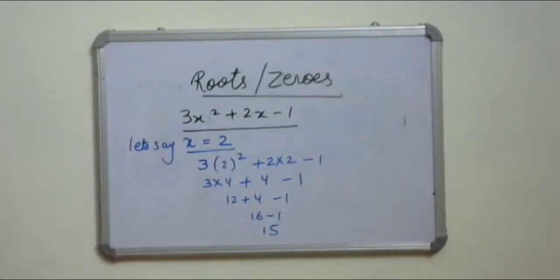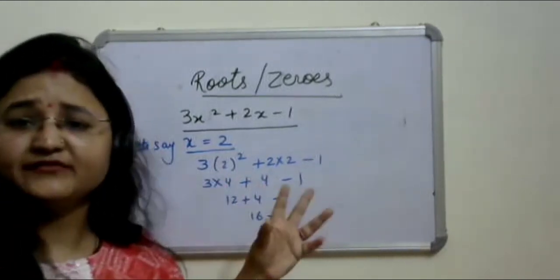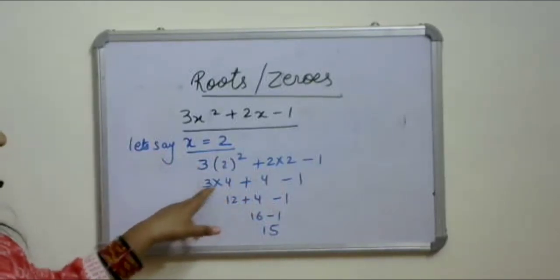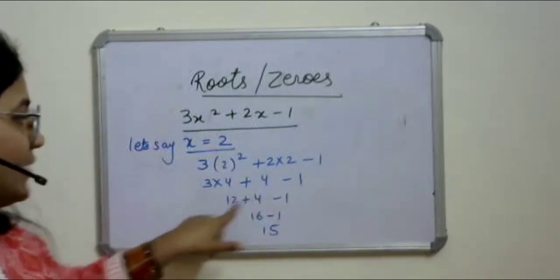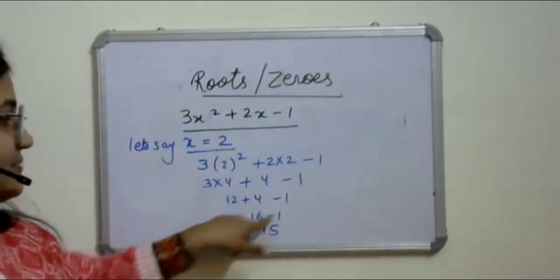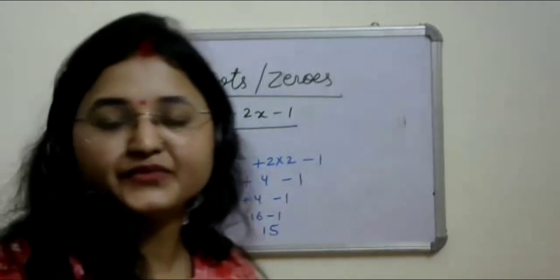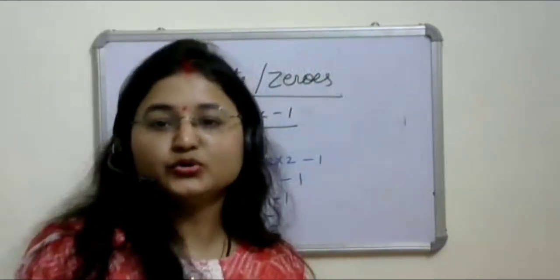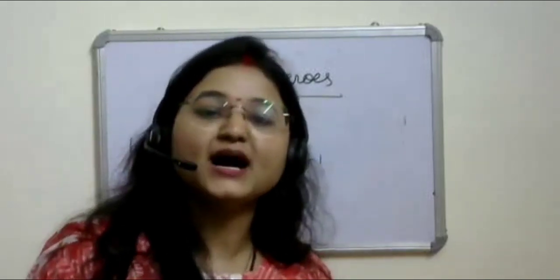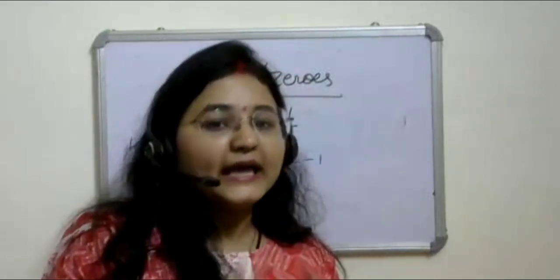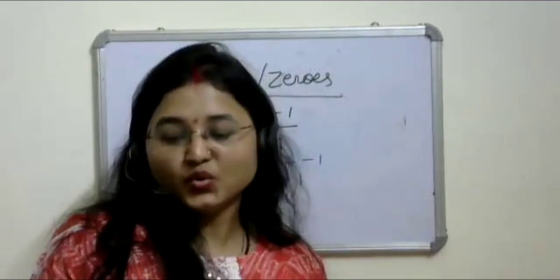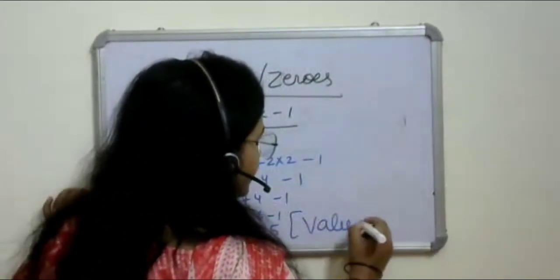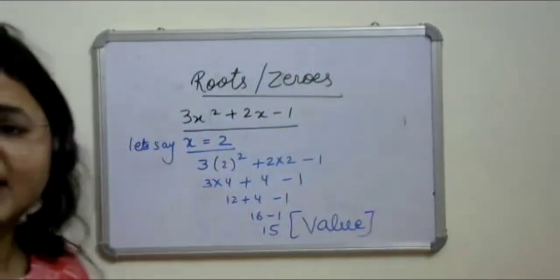On substituting the value of x as 2, the final answer is 2 square, that is 4. 4 3s are 12, 2 2s are 4, minus 1. 12 plus 4, 16 minus 1, that is 15. The final answer is 15. So on substituting any value to your quadratic equation, if your final answer is any number other than 0, then this is called value.